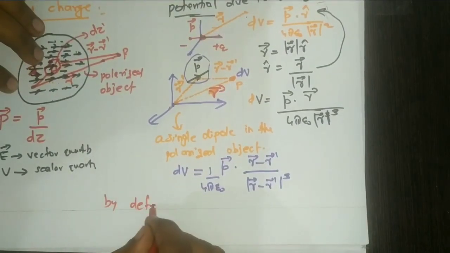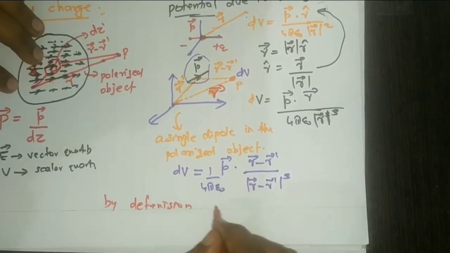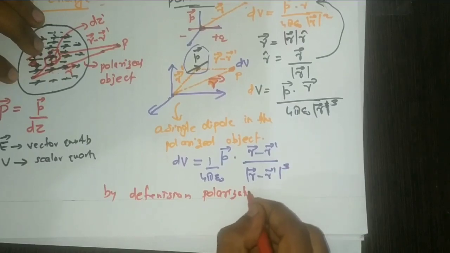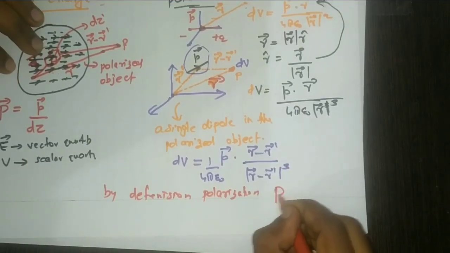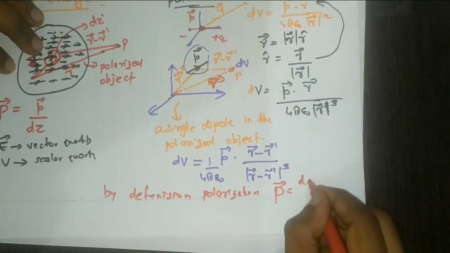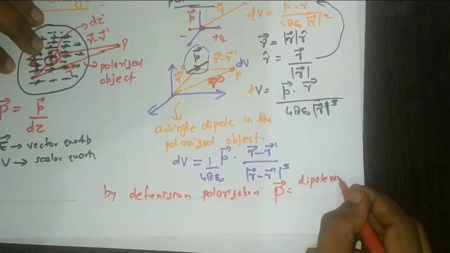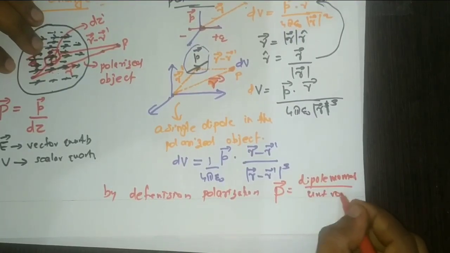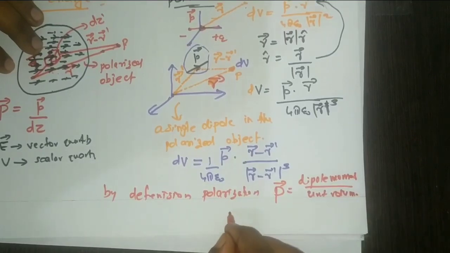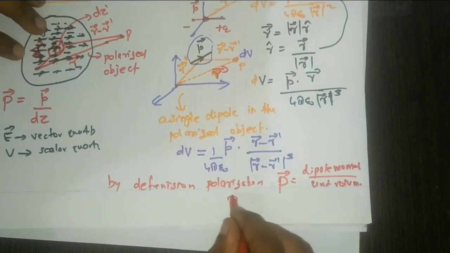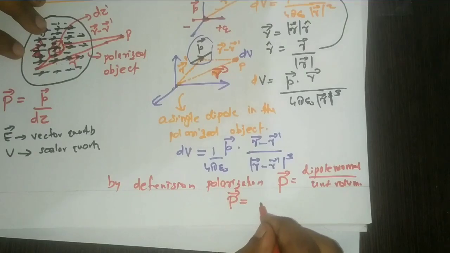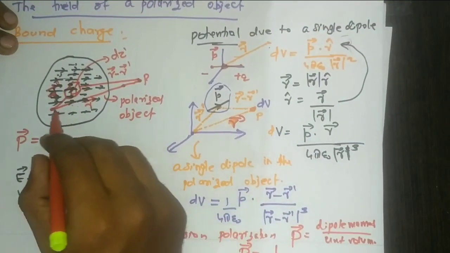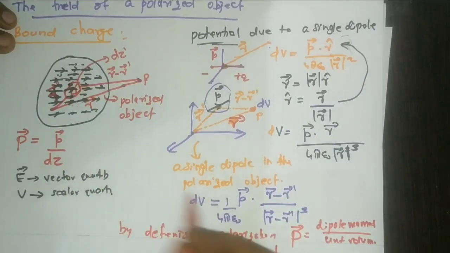By definition, polarization can be written as P is equal to dipole moment per unit volume. I would like to mention one more thing here.